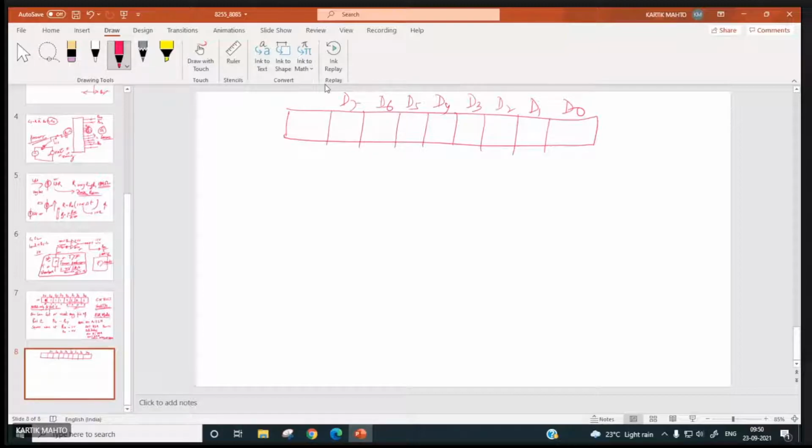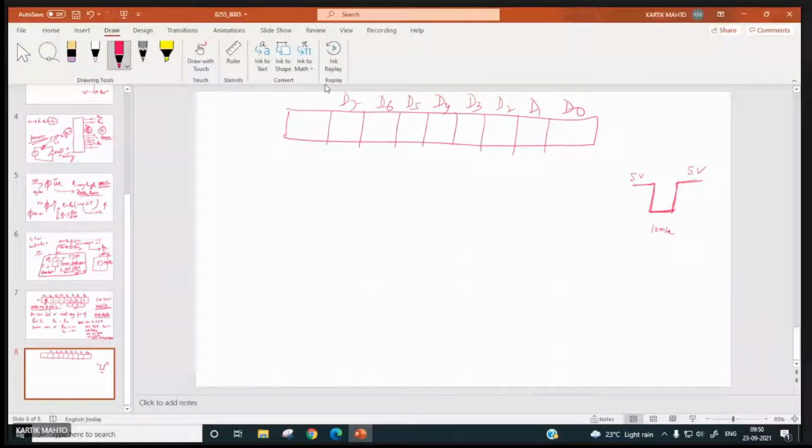If you want to generate, say, this type of pulse, this type of pulse, this type of pulse, this is 5 volt, and this duration is say of 10 millisecond, and again this becomes 5 volt.